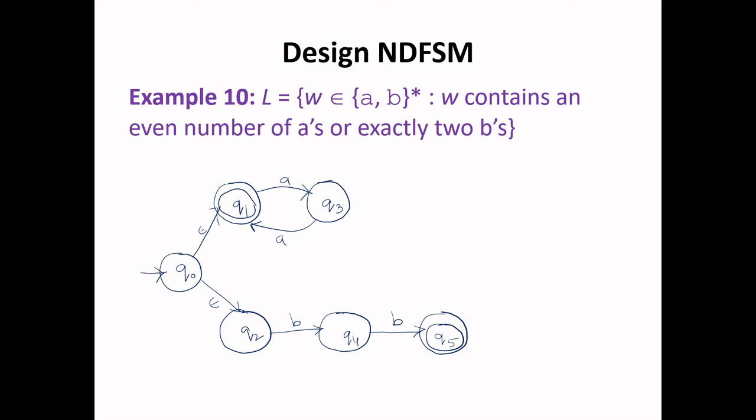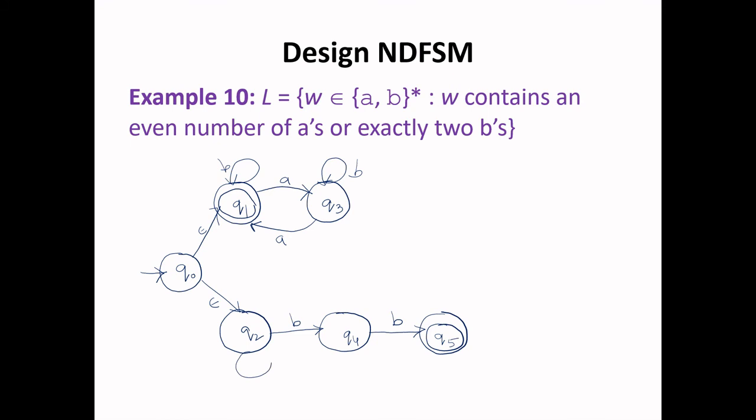Now, you can see here in this first half, even number of A's, but there is no restriction on the number of B's. So hence here I may have any number of B's. Similarly, here they have given exactly 2 B's, but there is no restriction on the number of A's.